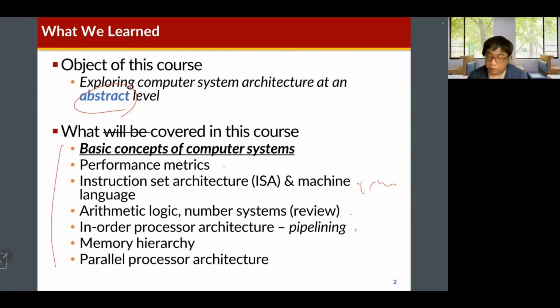In chapter 4, which is the very critical part of this course, we learned about pipelining and a very simple 5-stage pipeline architecture. In chapter 5, we learned about the memory hierarchy and memory systems. Then in chapter 6, we learned about parallel process architecture briefly. These are very important topics we learned in this course.